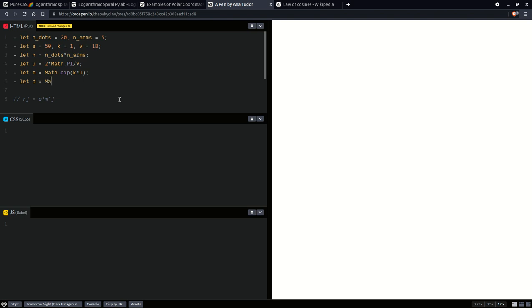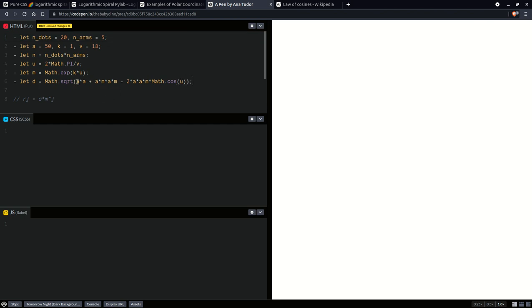So it's going to be square root, right? The first radius is a, so squared is going to be a times a, plus a times m is the second one, times itself, because we square it, minus twice a times the second radius, which is a times m, times cosine of the angle between them, which is u, right?